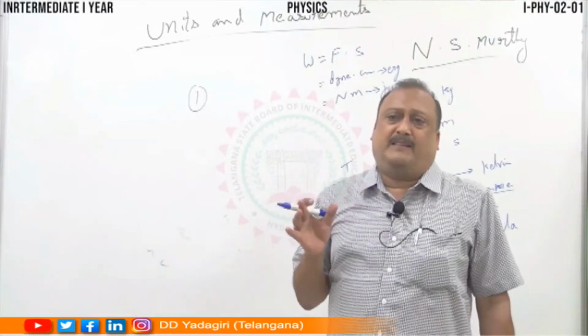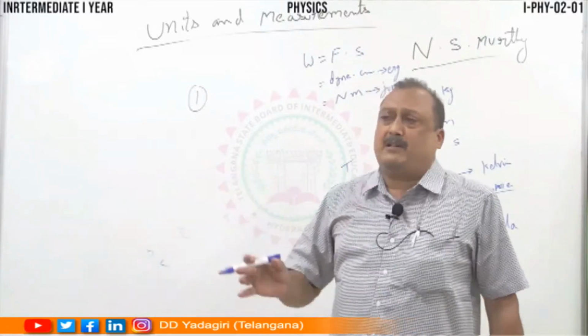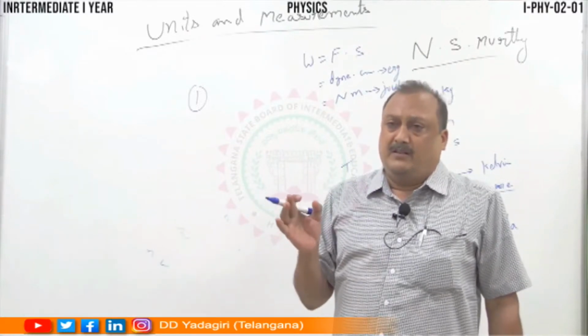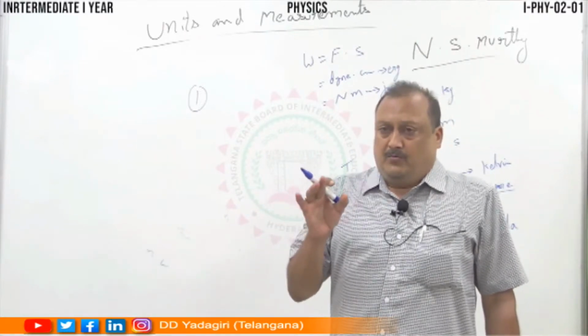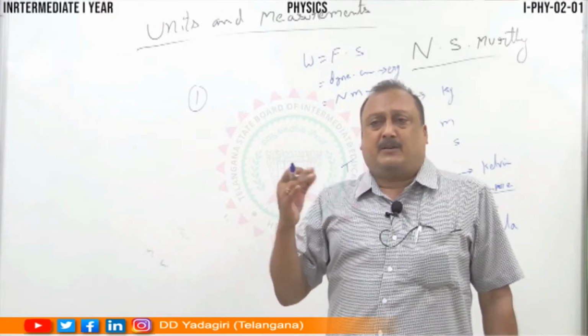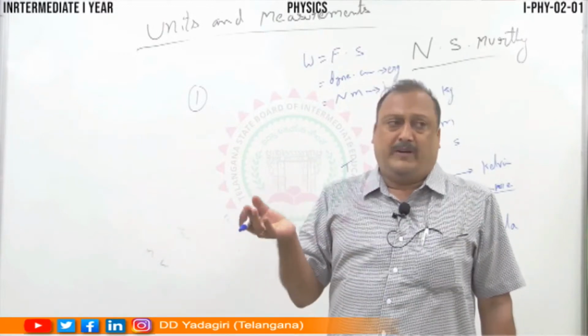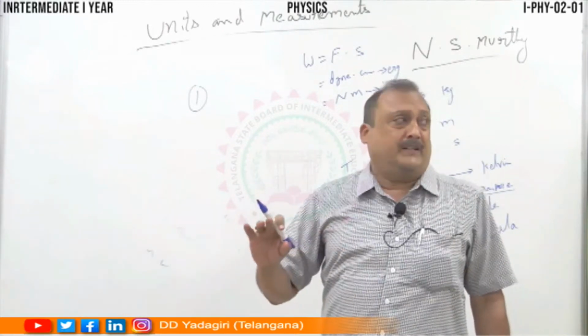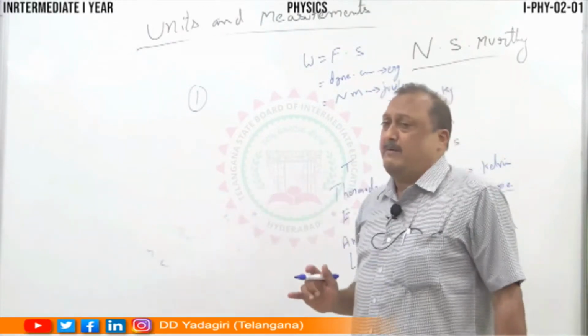If you remember these 3 points, these are the uses of the dimensional method. We can check whether equations are dimensionally correct or not. We can convert one system of units into another system. We can derive the relation among different physical quantities. These 3 are the uses of the dimensional method.